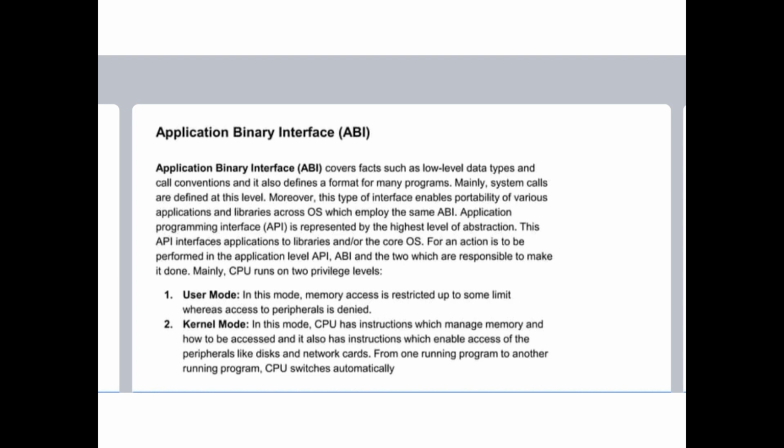It also has instructions which enable access to the peripherals like disks and network cards, and it also switches the CPU from one running program to another automatically.